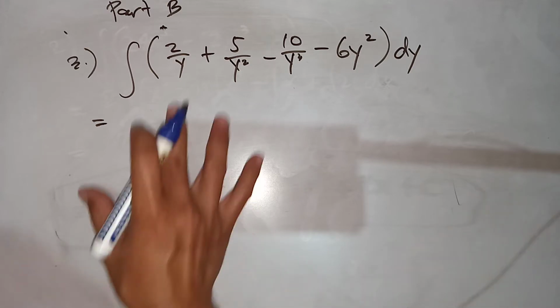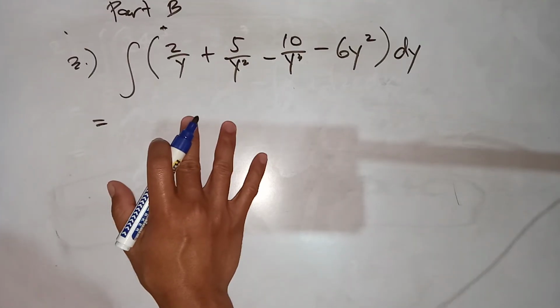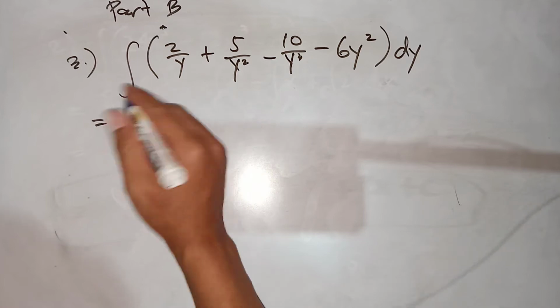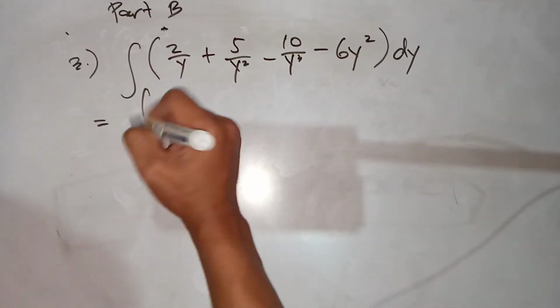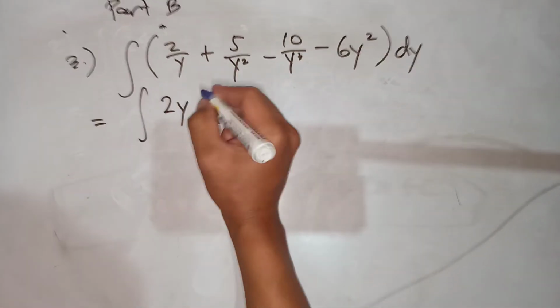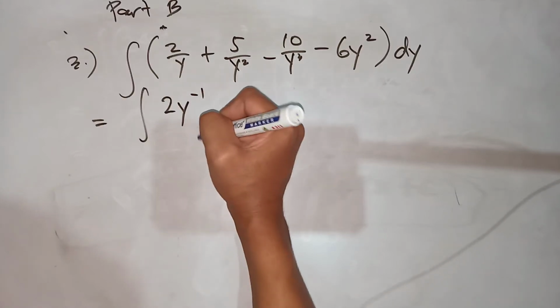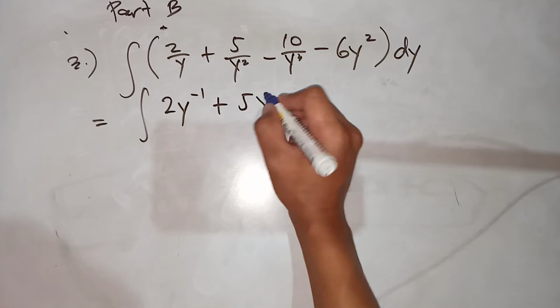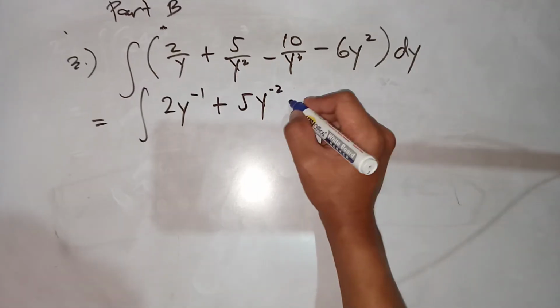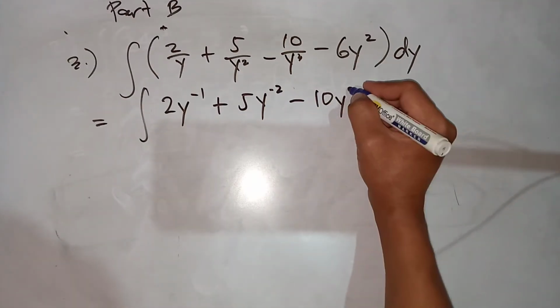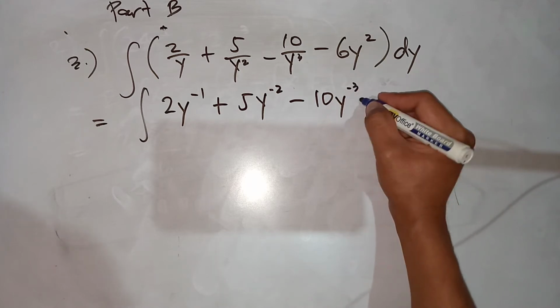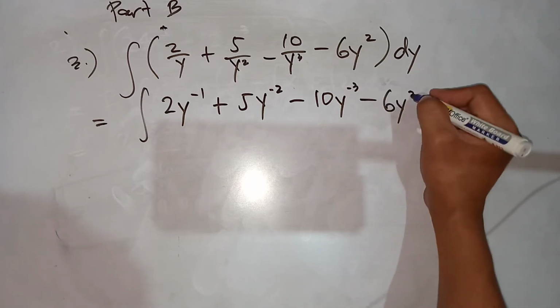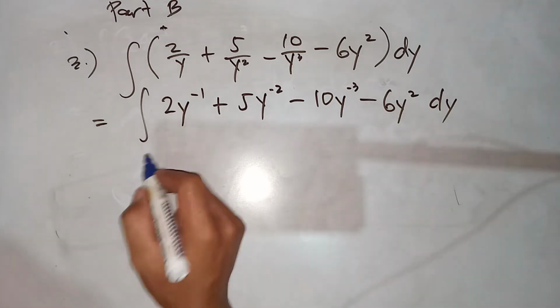So what I'm going to do is to rewrite this expression into this one. Integration of 2 y inverse plus 5y to negative 2 minus 10 y to negative 3 minus 6y squared dy.